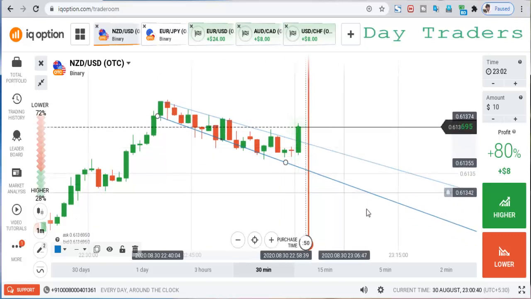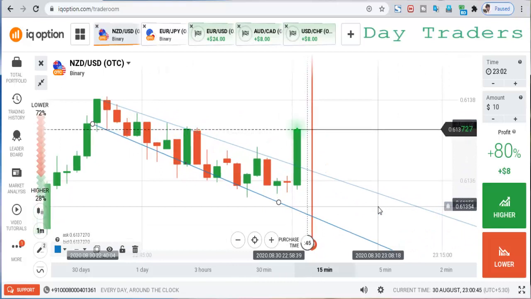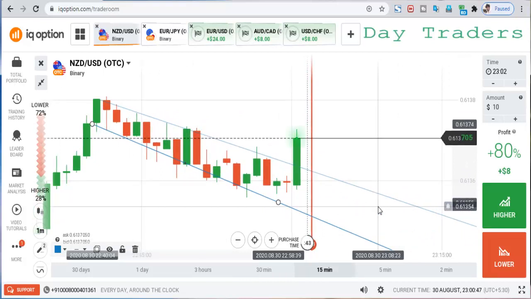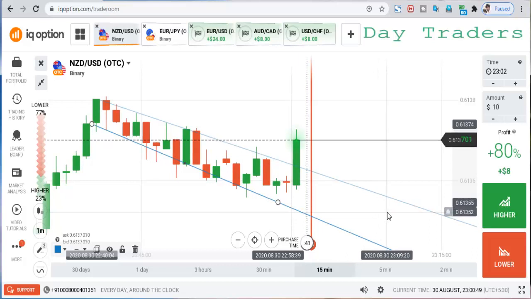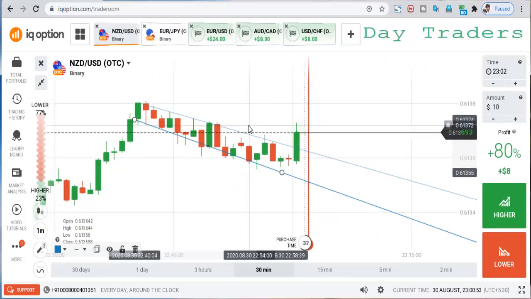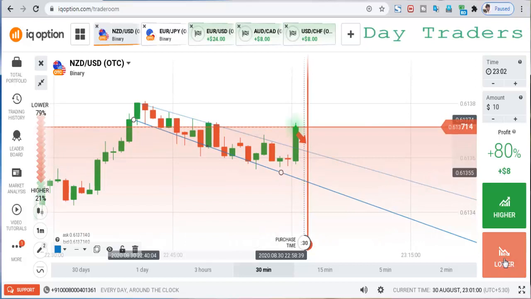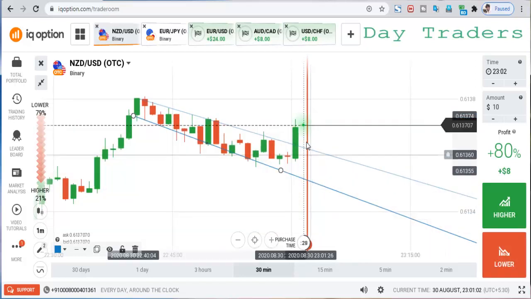Okay, very strong buyer's entry. Okay, I will try to place a retracement candle, but this is a very strong buyer's entry.